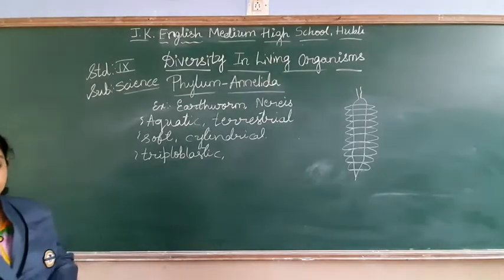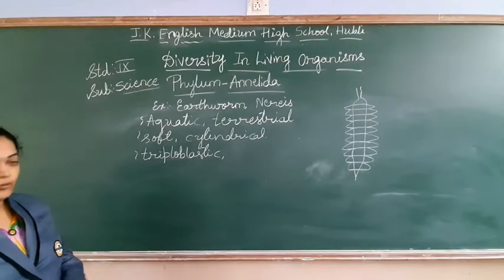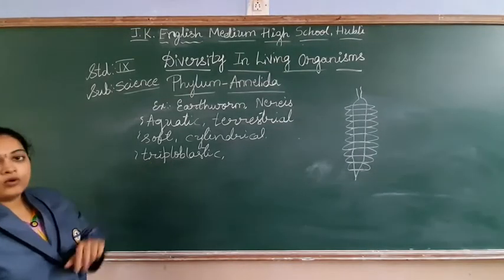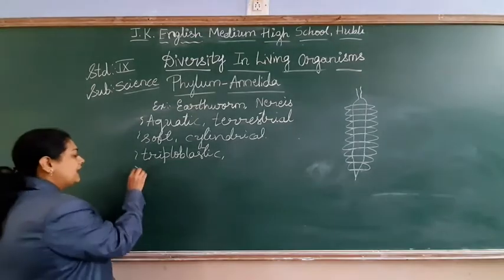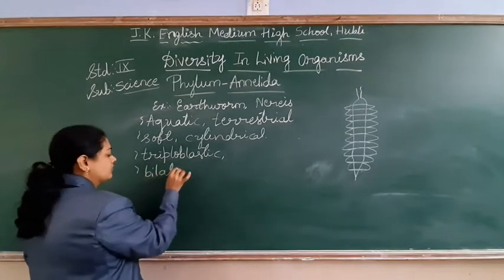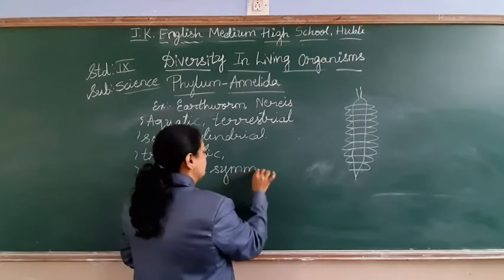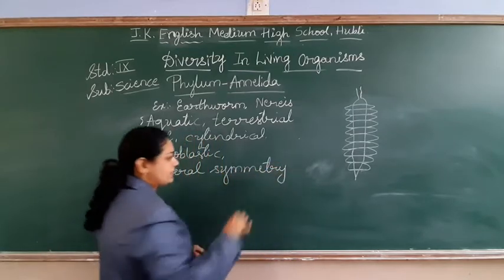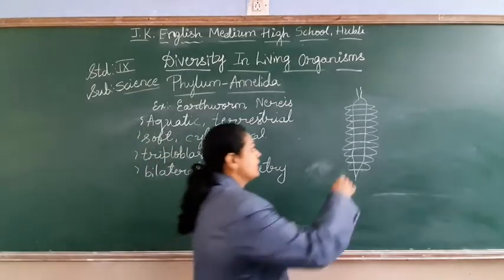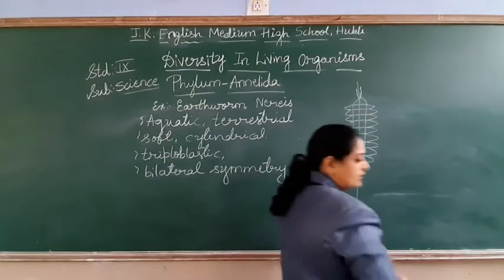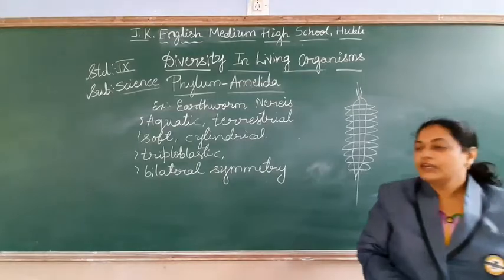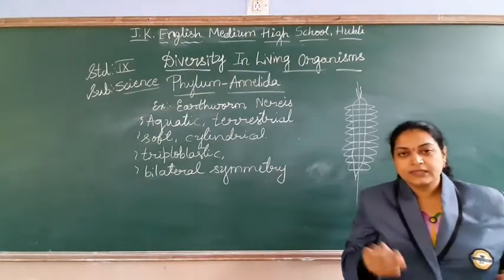We have already discussed the 3 germ layers, the body layers, so triploblastic. Bilateral symmetry. What is bilateral symmetry? If you cut the organism at one particular angle, you get 2 equal parts, mirror images.